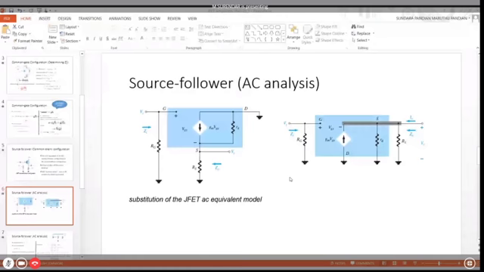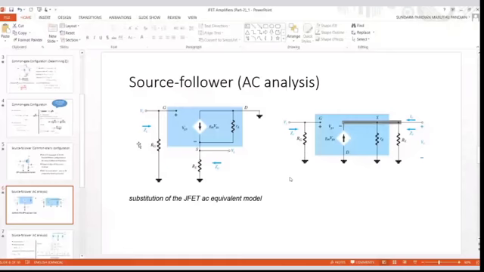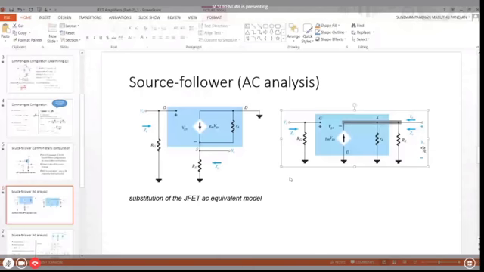Okay, so this is the circuit we are considering right now. In this circuit, we want the output voltage and the input voltage to find the voltage gain. The output voltage is the voltage drop across RD.